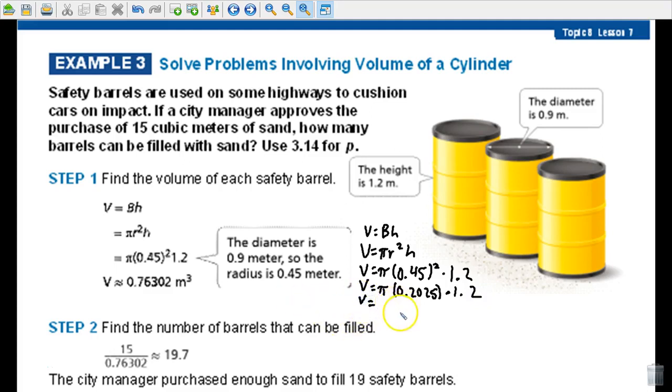V equals 0.6358 times 1.2, and then we end up with our V. Okay, I don't know why they go to approximately here, but V is approximately 0.76302, and that would be meters cubed because that is volume.